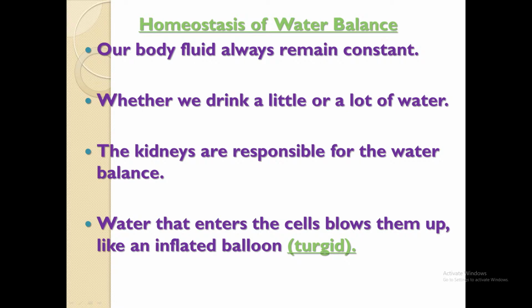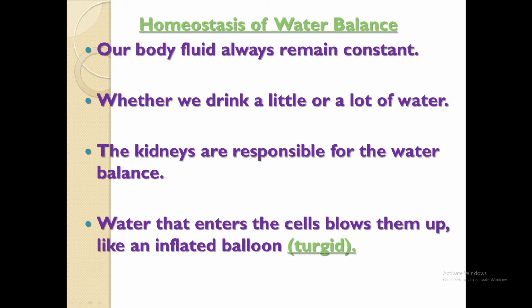That simply means that if you're drinking enough water, there is some amount of water that should be in the blood, and if you're not drinking enough, there is also a level of how much that should be in your blood. So our body fluid always remains constant, so it is the blood you're talking about specifically.